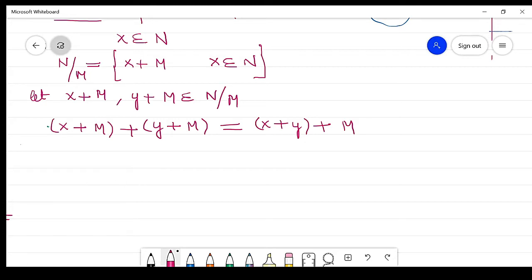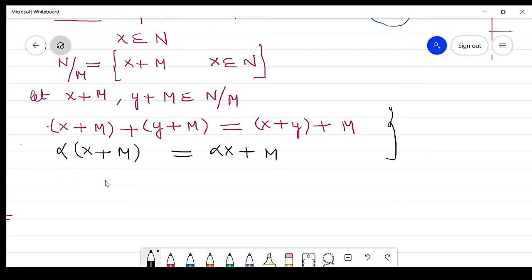Now scalar multiplication: if alpha is some scalar, then alpha times x plus M is alpha x plus M. So these are the two operations, addition and scalar multiplication.